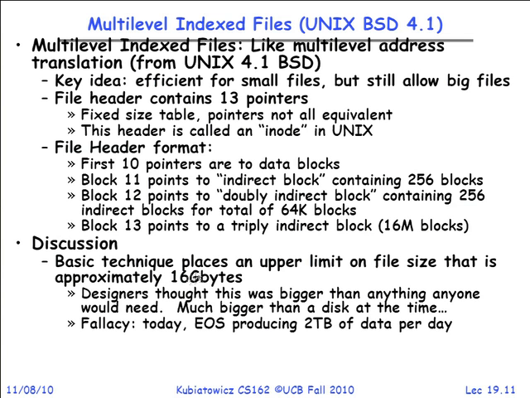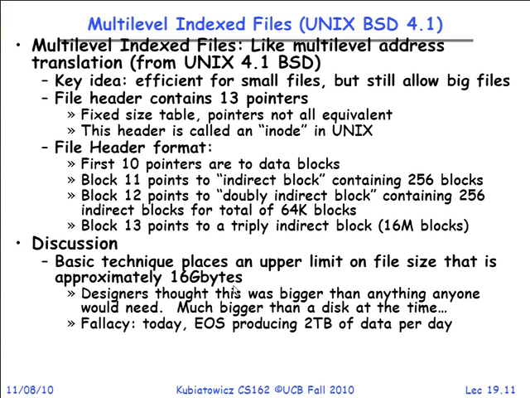Maybe not quite, but it's getting pretty close. So the fallacy is that you've got things like the Earth Observing System, EOS, which is taking pictures of the Earth continuously from satellites. That's at least 2 terabytes or more a day easily of data. So this fallacy of 16 gigabytes is no longer there, but they were doing well for their time.